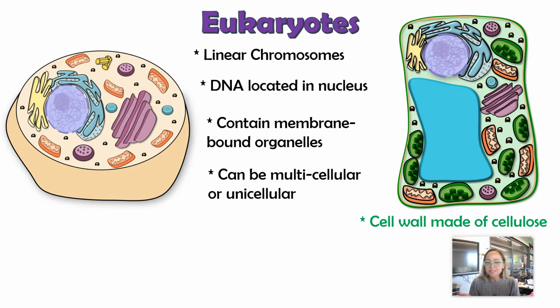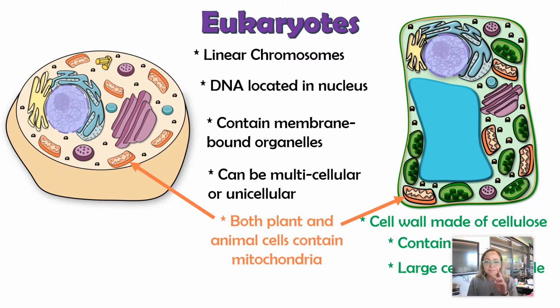Now, plant cells, compared to animal cells, have a cell wall made of cellulose. They have chloroplasts that are not found in animal cells, and they have a large central vacuole. I do want to point out something students mix up: mitochondria are actually found in both plant and animal cells, as well as fungi and protists. So I kind of want to say all eukaryotes have mitochondria.